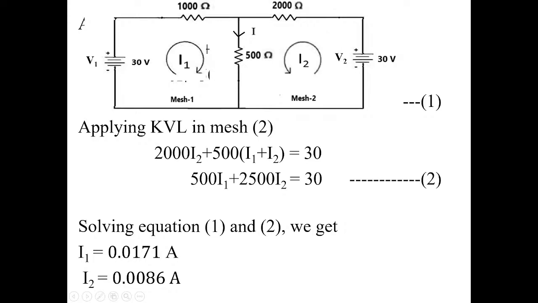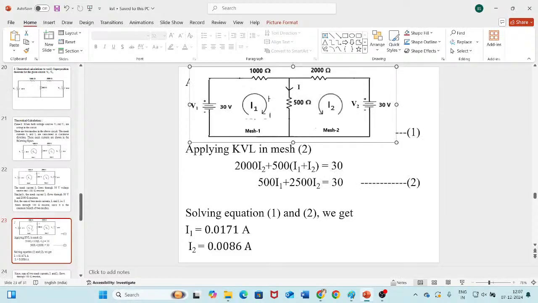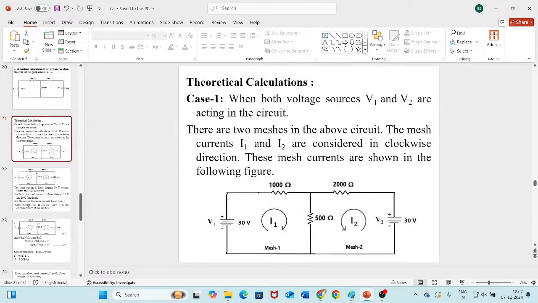So 500 into I1 plus I2 equals the source voltage, 30 volts. You can write V2 instead of 30; it will be clearer, isn't it? So somewhere V2 is there.